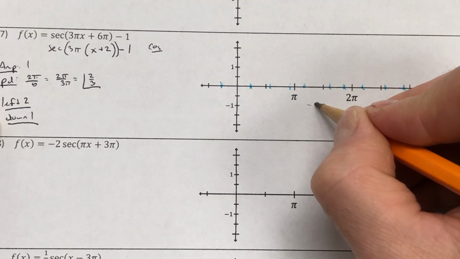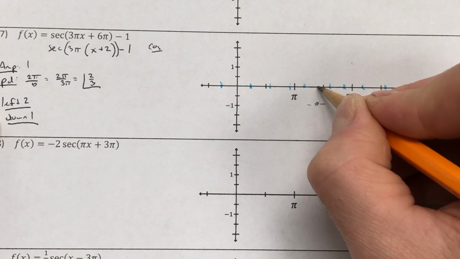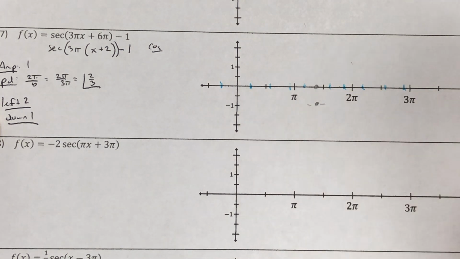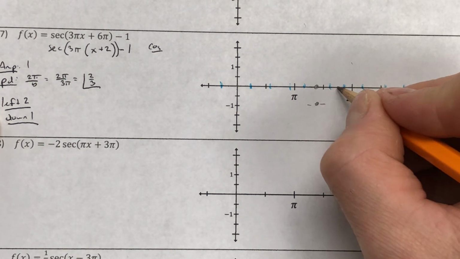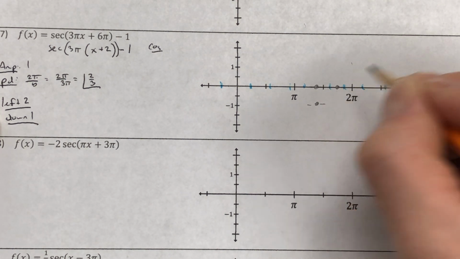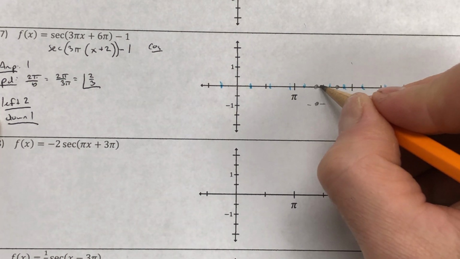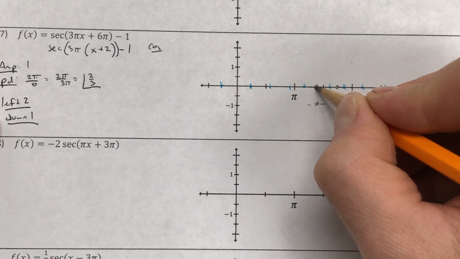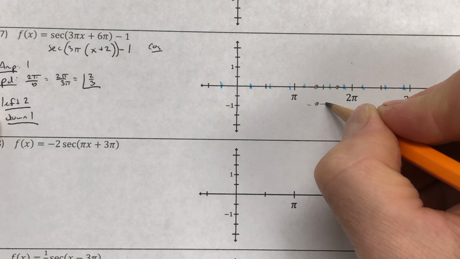So normally it was 1 above that, so I'm going to go 1 above that. Boom. There we go. And so directly between each one of these, I know I'm going to go all the way down and all the way up.